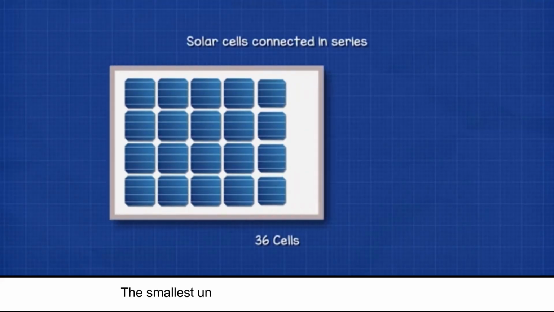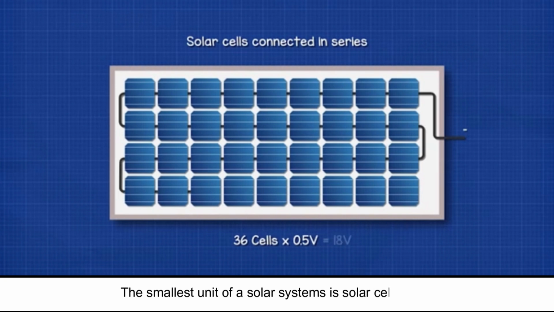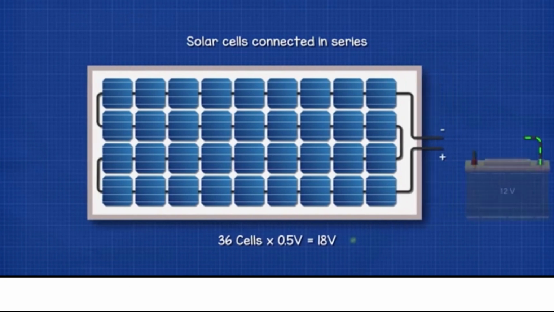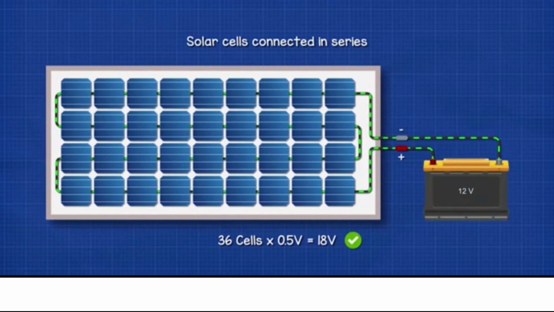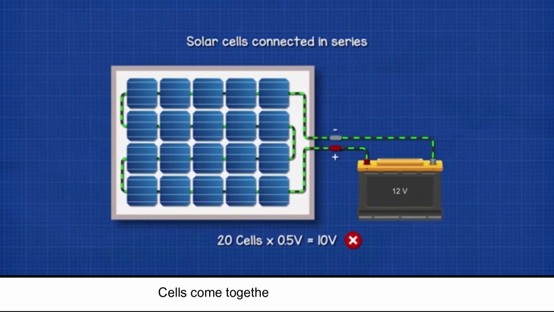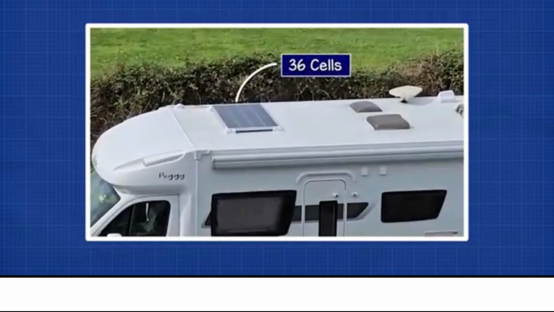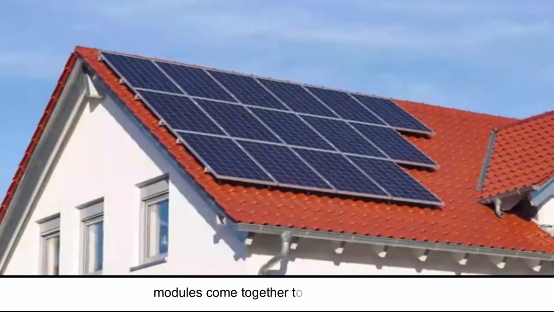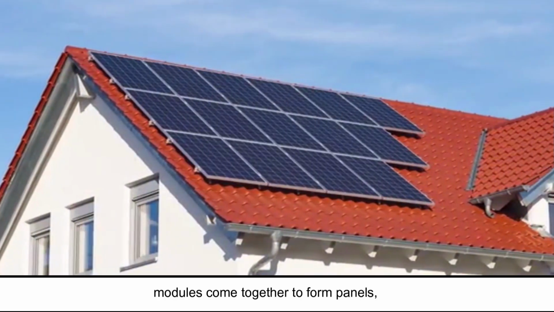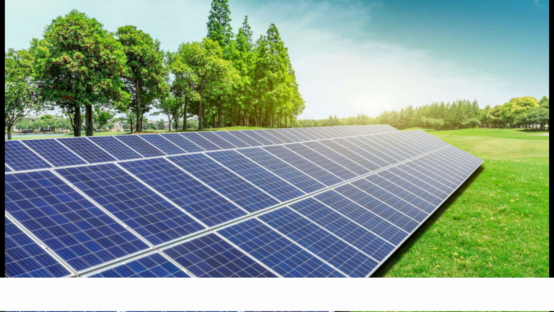The smallest unit of a solar system is solar cells. Cells come together to form modules. Modules come together to form panels. And panels come together to form solar fields.